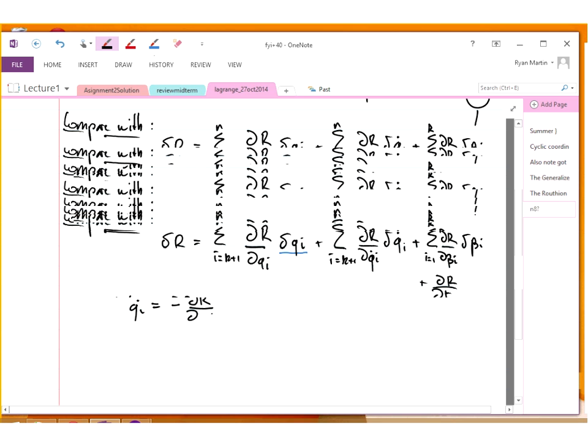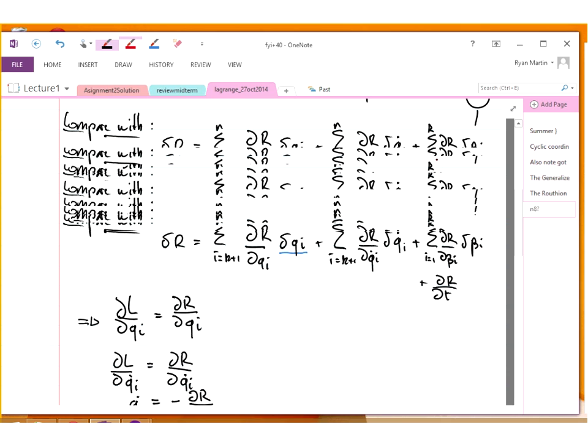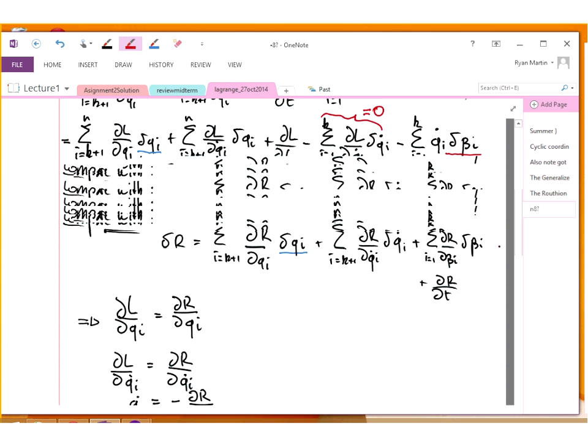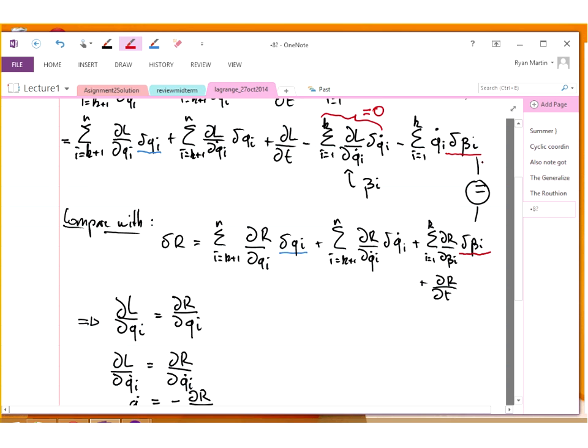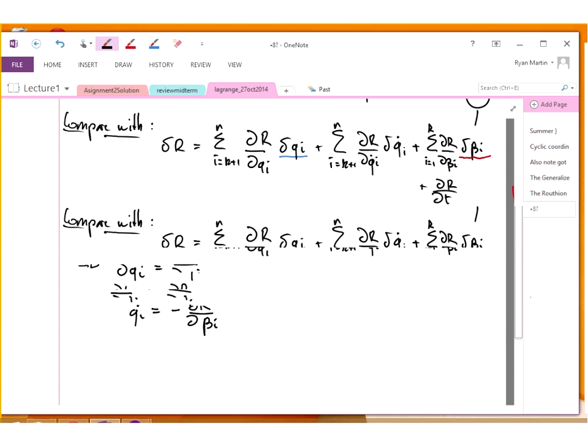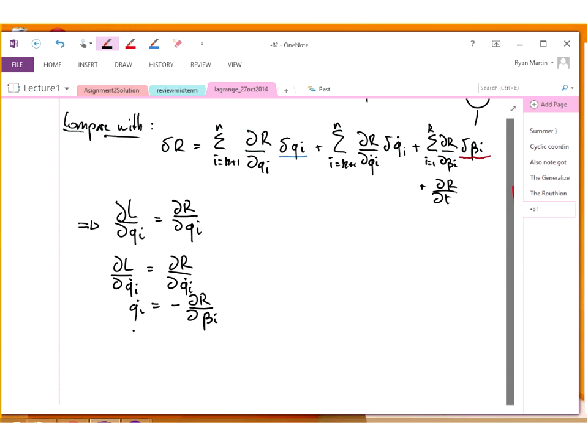So that, for example, I'll underline that term in red. That's by matching these two guys. So the coefficient of the delta β_i in the above expression is q_i dot, and in the bottom expression it's ∂R/∂β_i. And then finally we find that ∂L/∂t is equal to ∂R/∂t.